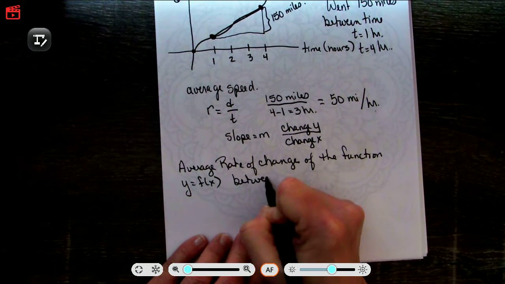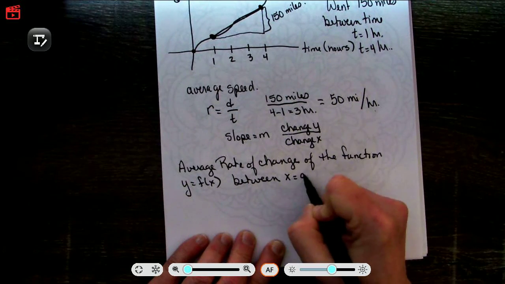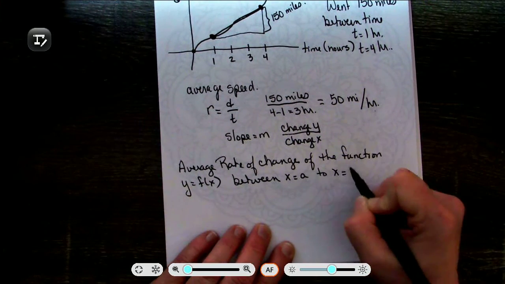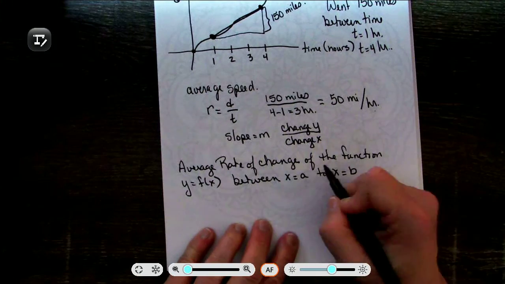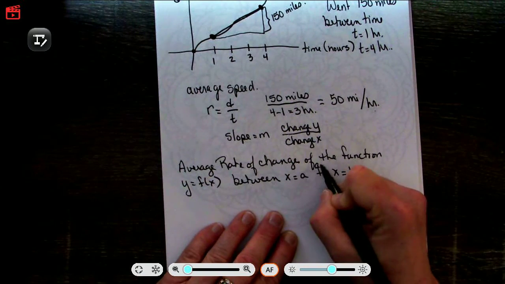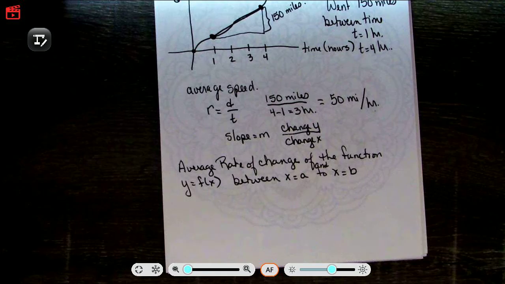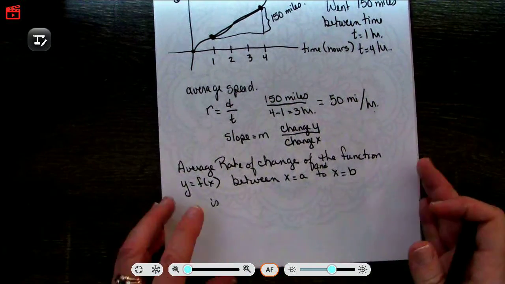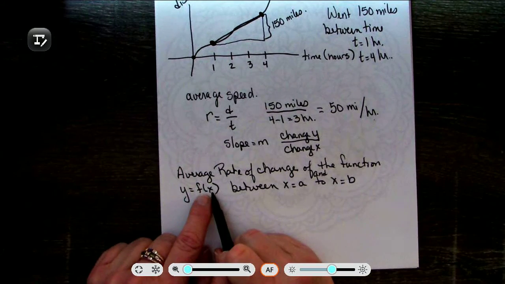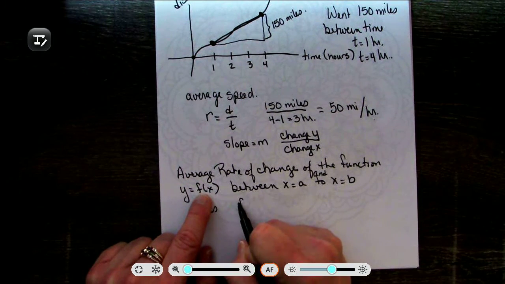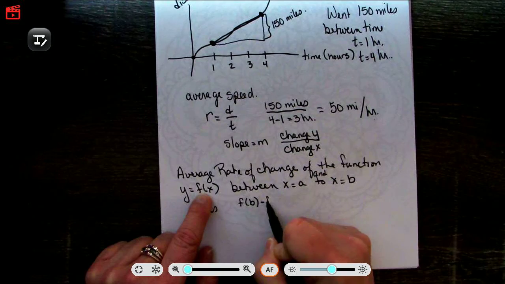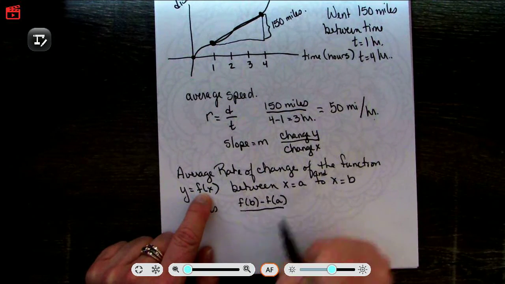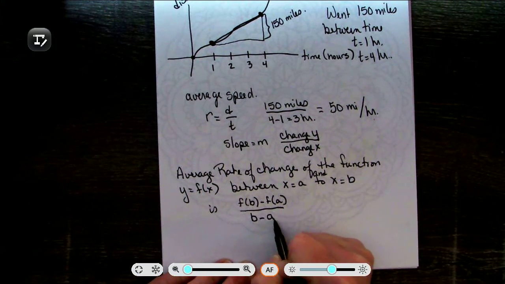Between x equaling a to x equaling b, or between x equaling a and x equaling b, or from x equaling a to x equaling b. So you'll see it worded a lot of different ways. Is, think to yourself, change in y. Well, y is your f function. So f of b minus f of a all over change in x, b minus a.